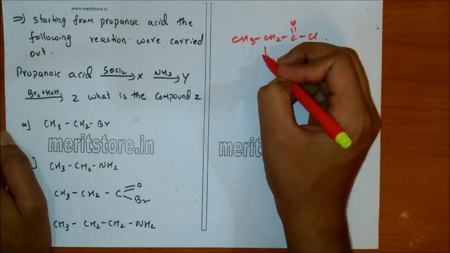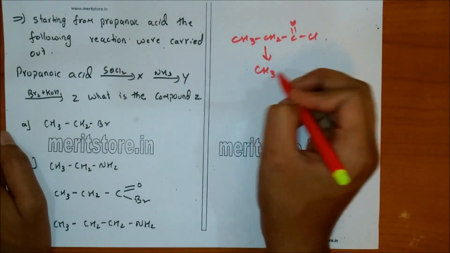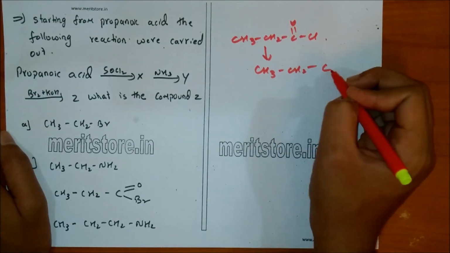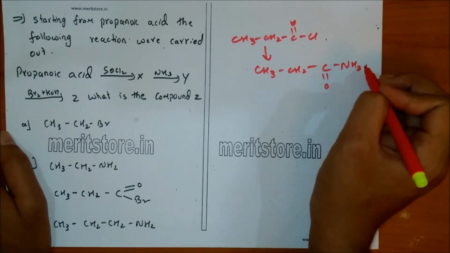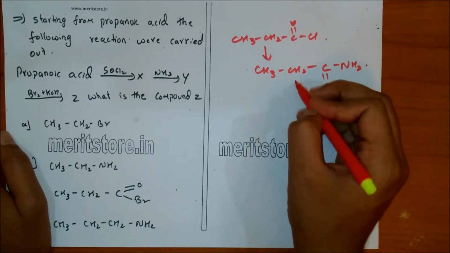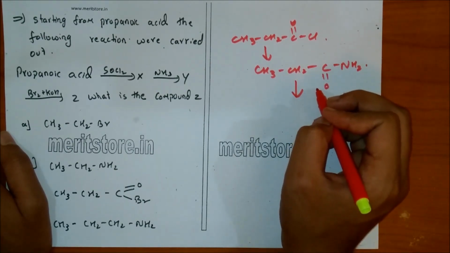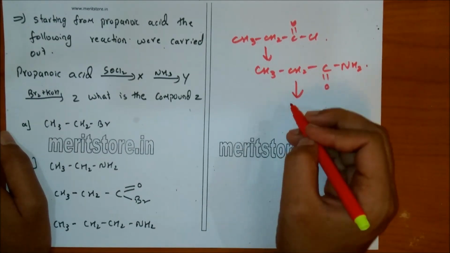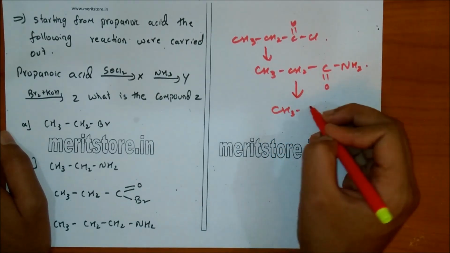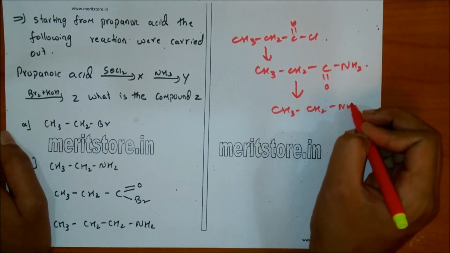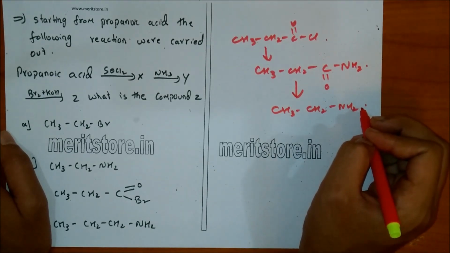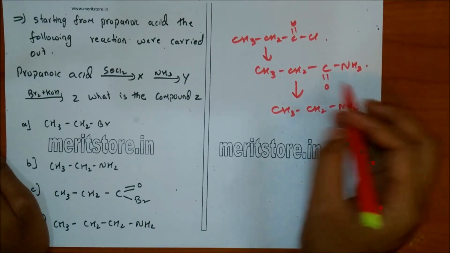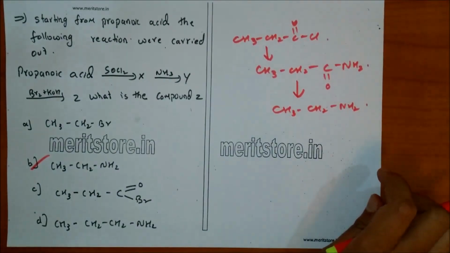When COCl reacts with ammonia, it will give CH3CH2CONH2, an acid amide, plus HCl, which on reaction with bromine in the presence of the base NaOH will give ethylamine plus carbon dioxide. So Z in the following reaction is ethylamine, option B.